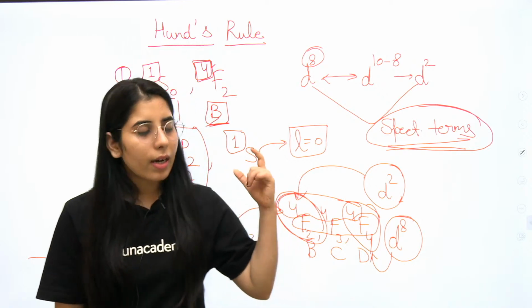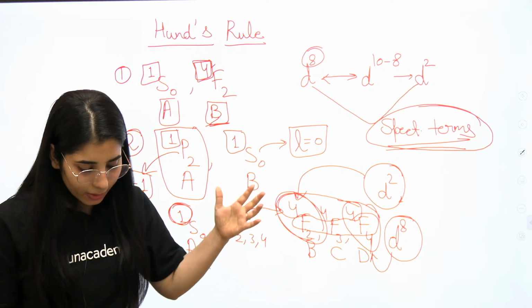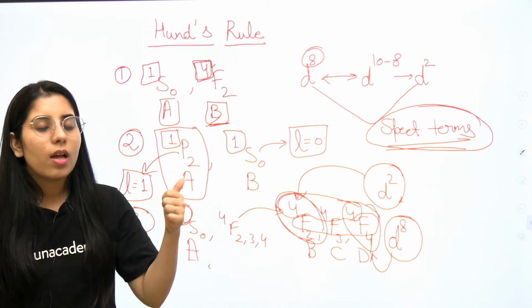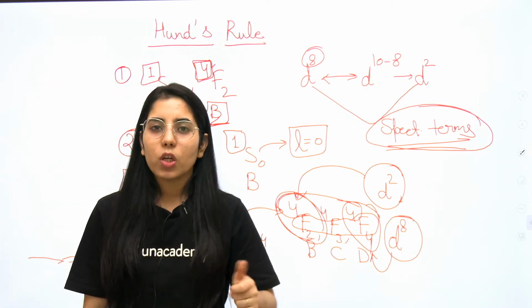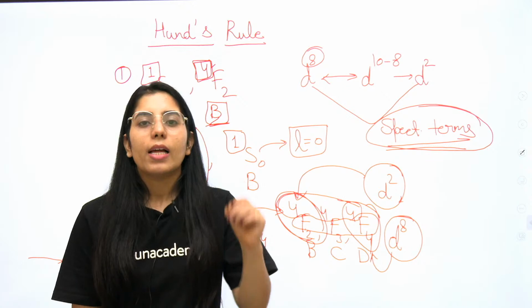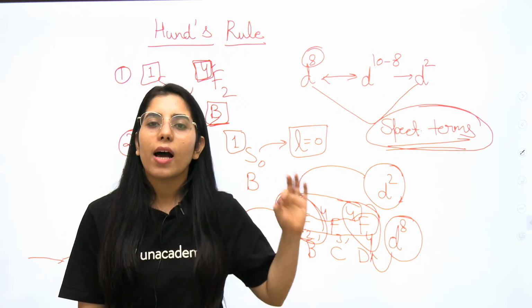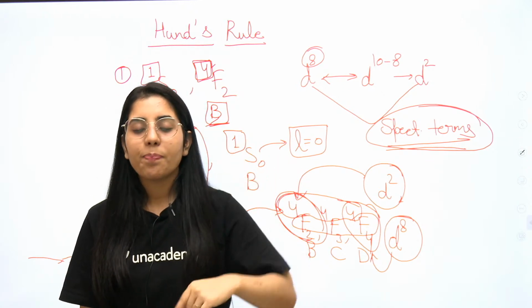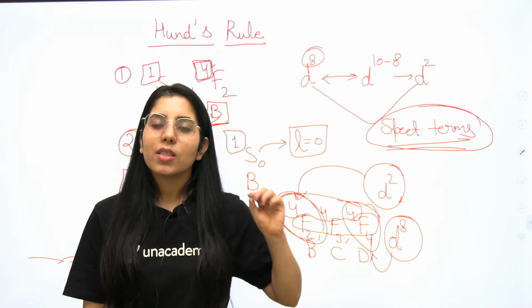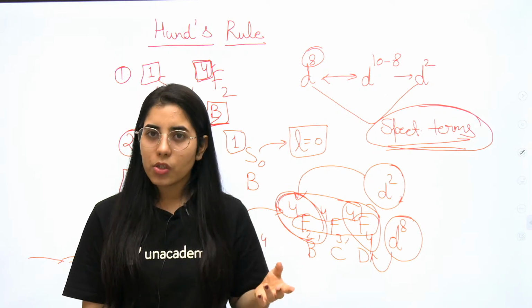Let's summarize all the points we have considered here. Point number 1: the largest 2S plus 1 value, the largest multiplicity term, will have the lowest energy. Point number 2: the largest L term will have the lowest energy.